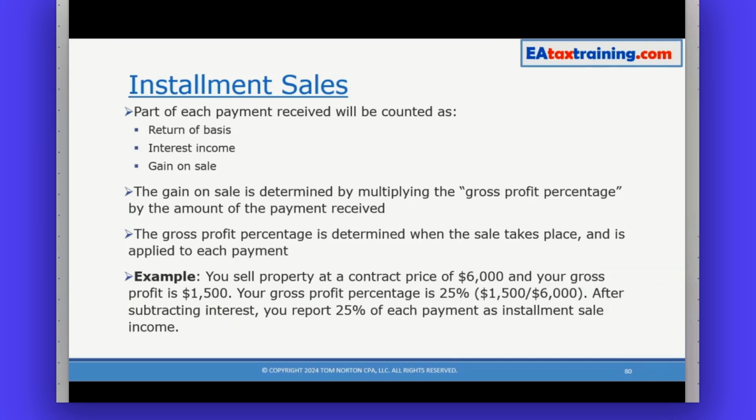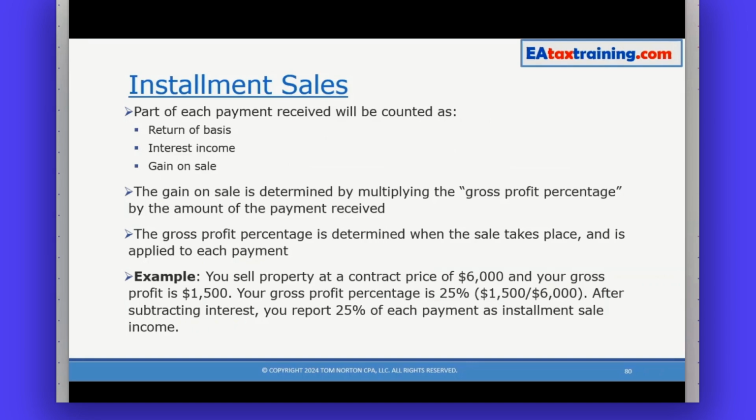So if you have an installment sale, part of each payment received will be treated as a return of your basis, part will be treated as interest, and part will be treated as a gain on sale. The gain on sale portion is determined by multiplying the gross profit percentage by the amount of the payment.